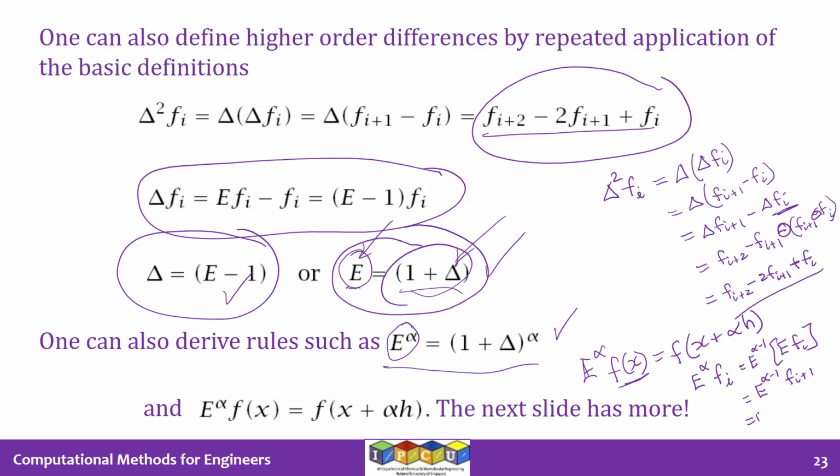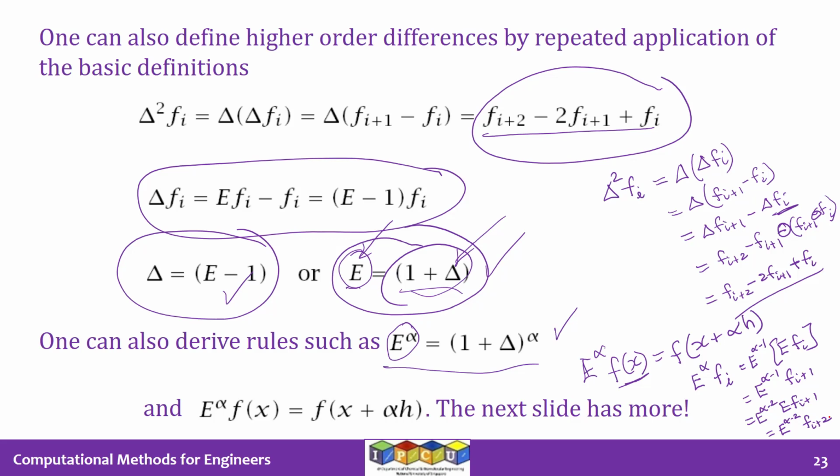Now I can write this as E to the power of alpha minus 2 times E Fi plus 1. And E Fi plus 1 is going to be Fi plus 2. So E to the power of alpha Fi can be written as E to the power of alpha minus 2 Fi plus 2. And you will come to a point where, let's say, alpha is equal to 0. Let's pretend alpha is a positive integer.